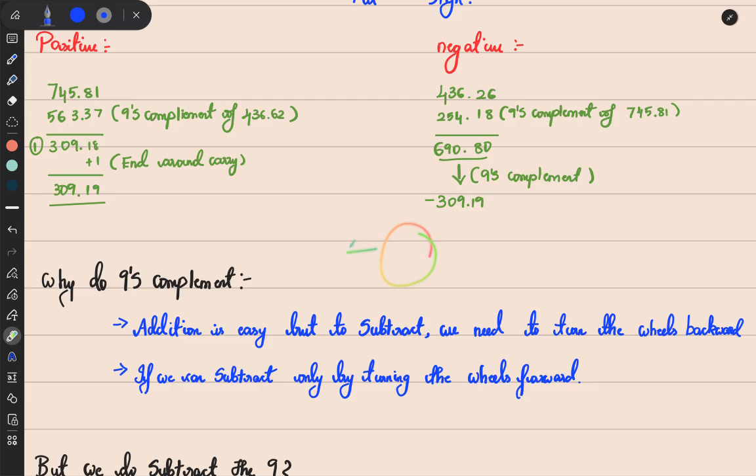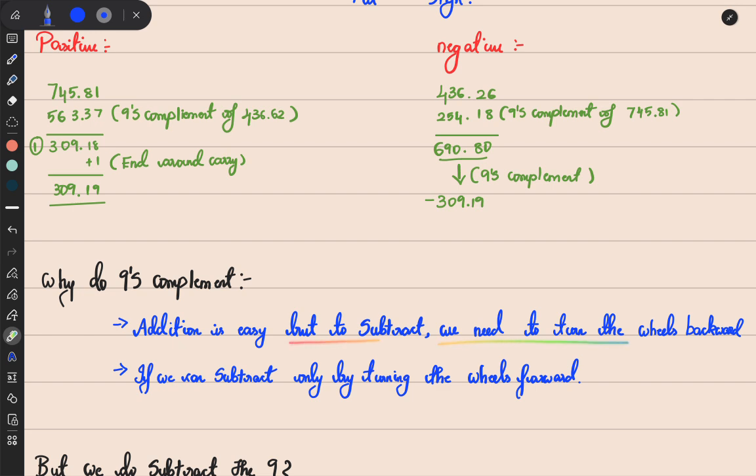For addition, the machine needs to go forward, and for subtraction, the machine needs to go backward. So it is really difficult for the machine to perform both operations, as it needs two sets of completely different gears, levers, and springs to perform these two operations.